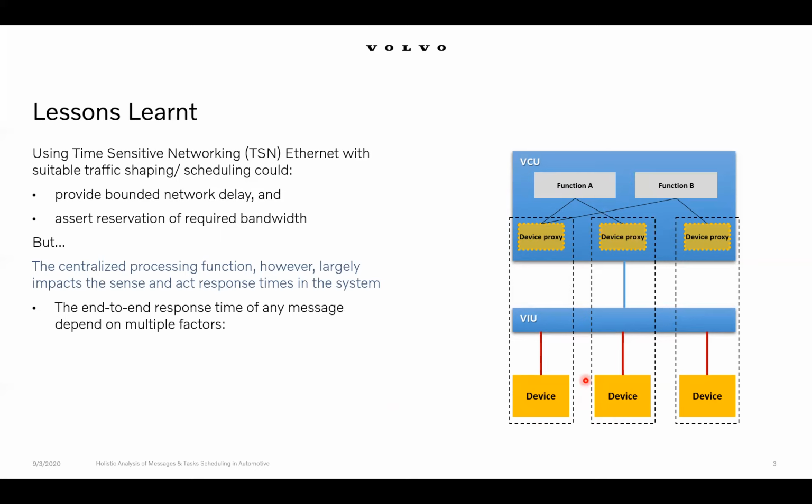The response time of any message will depend on multiple factors: the network delay when you send the communication over the network, processing delay at the end node, processing delay inside the core system, and the scheduling mechanism. Especially with the centralized architecture, you will have many functions running on the core system, and how you schedule those functions will have a great impact on the performance of the system.